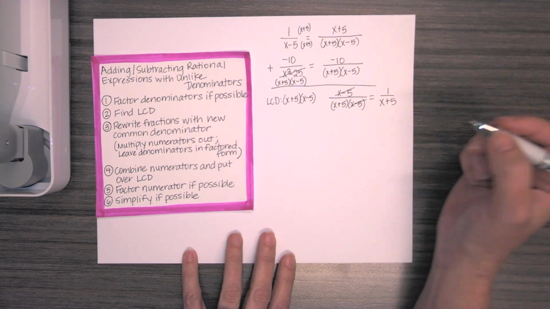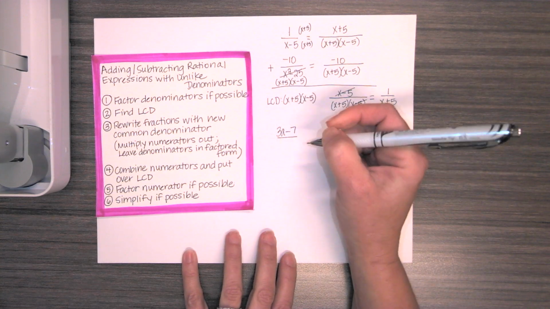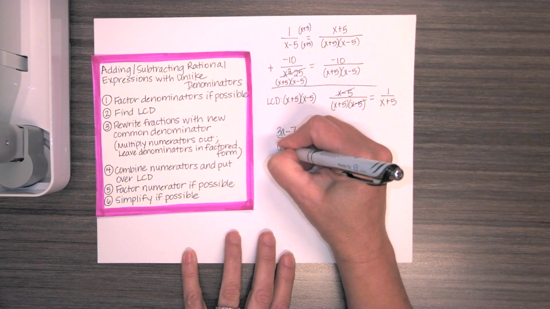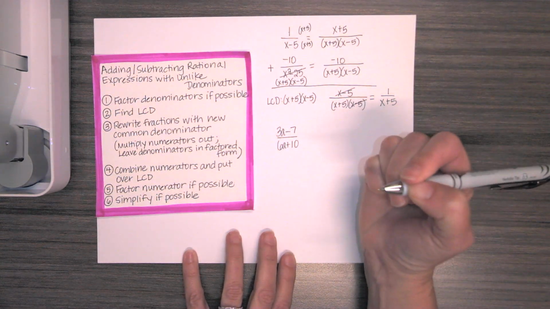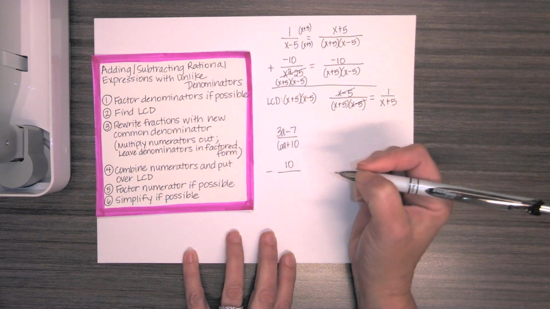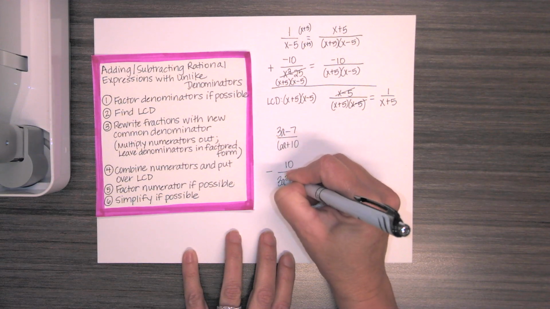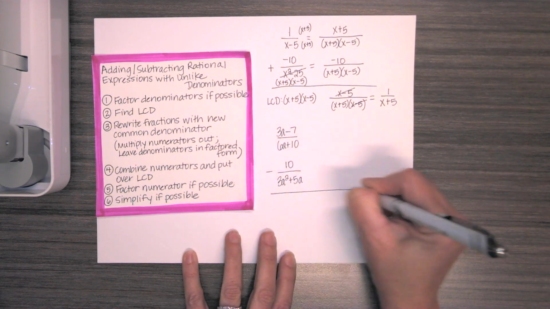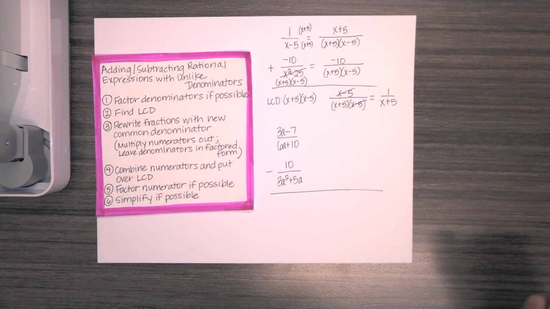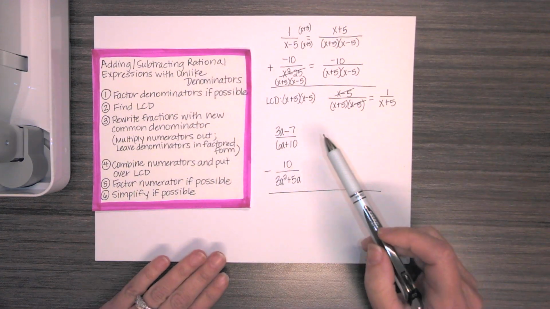All right, this time we're going to have 3a minus 7 over 6a plus 10 minus 10 over 3a squared plus 5a. Okay, step 1. Factor your denominators if possible.